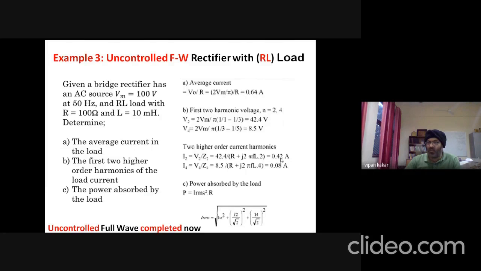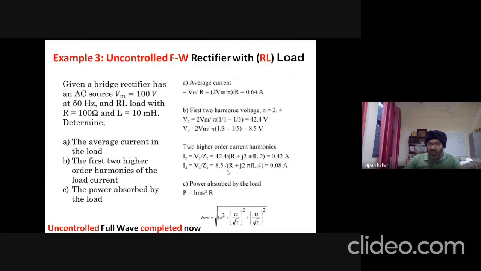So this can be removed. The first option, as I said, is to increase the value of L. If you increase the value of L, this value will be decreased. The other option is, don't touch the value of L. Use other circuit techniques to get rid of this, like a filter. Remove this using a filter.